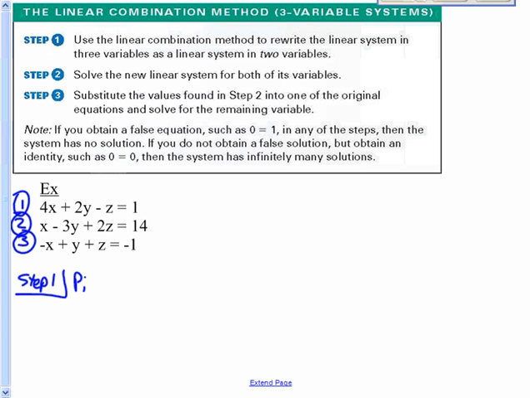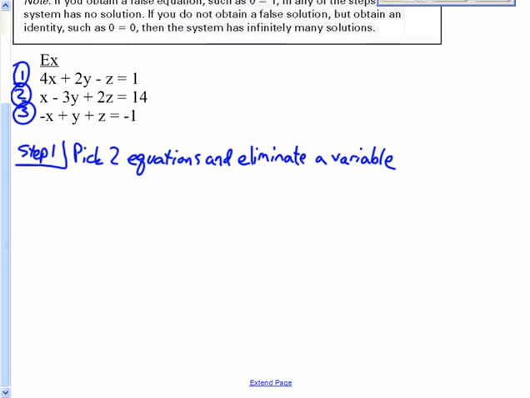I'm going to pick two of the equations, and I'm going to eliminate a variable, whichever variable I choose. Let me move this down here. So I'm looking and I'm like, you know what? Equation 1 and equation 3 would be really nice to use because if you notice, when I add these up, the z naturally eliminates.